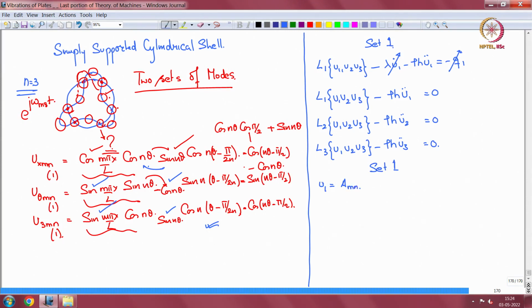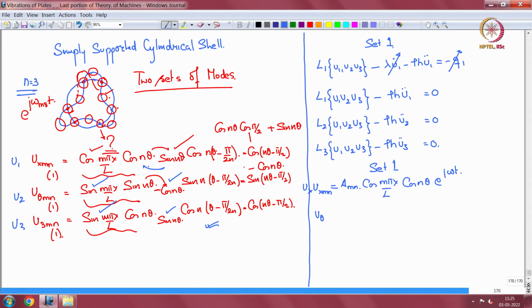U1 and UX are the same, so I will stick with this notation. UX mn is equal to A mn cos m pi x by L cos n theta, and we want natural frequency, so we set the time dependence as e to the power j omega t.